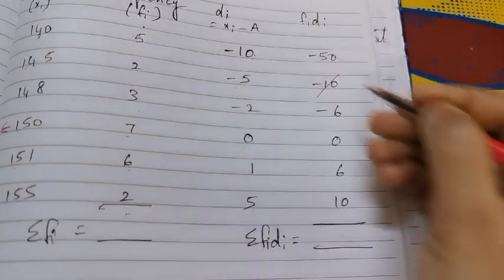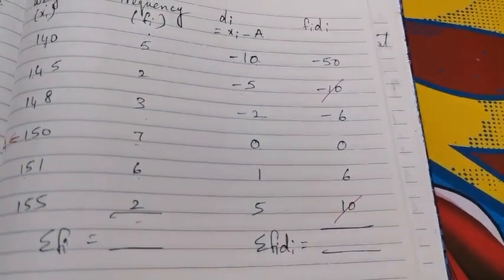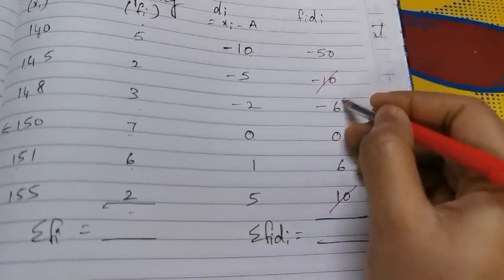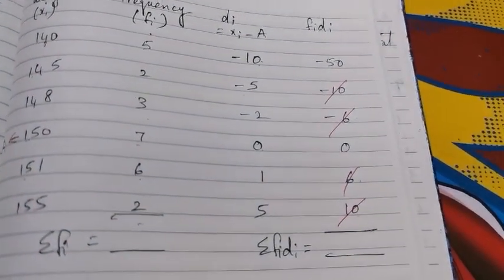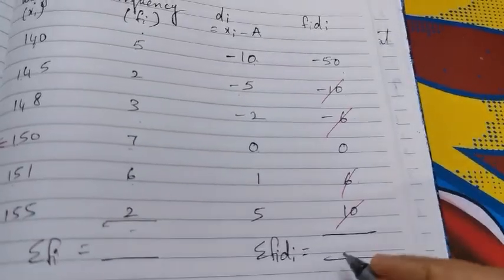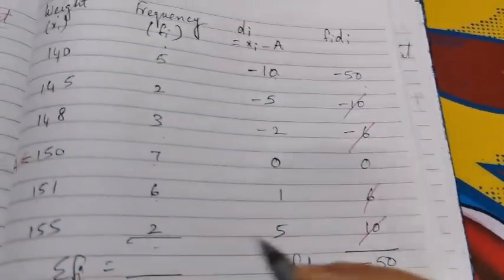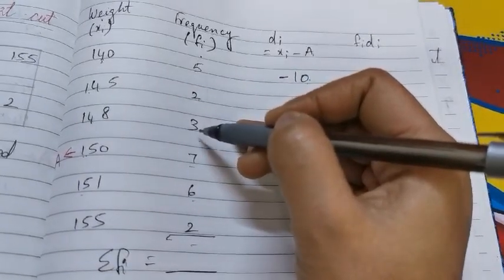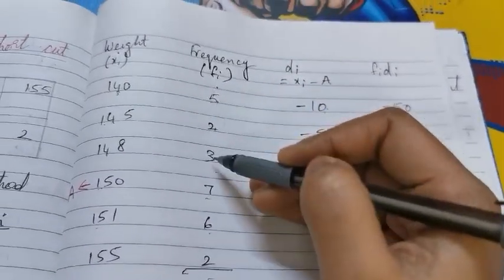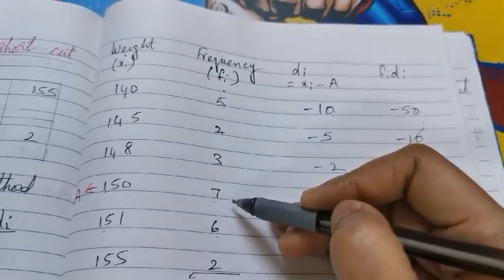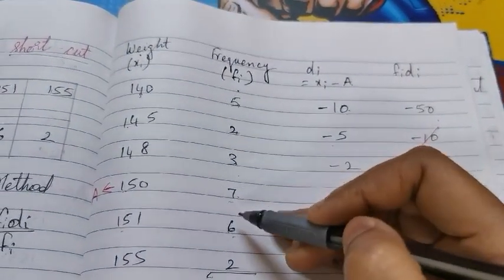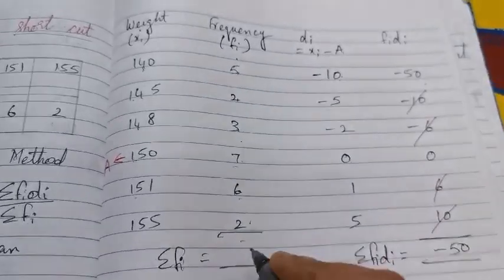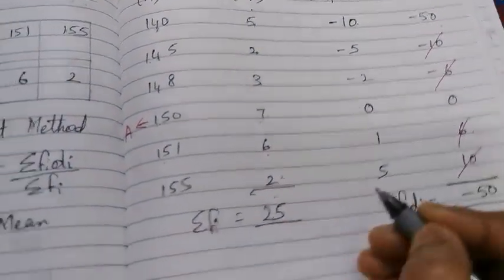When you add minus 10 and plus 10, you will get your answer 0. When you add minus 6 and plus 6, you will get your answer 0. What is left behind? Only your minus 50 is left behind. And when you add this, 5 plus 2 is 7, 7 plus 3 is 10, 10 plus 7 is 17, 17 plus 6 is 23, 23 plus 2 is 25.